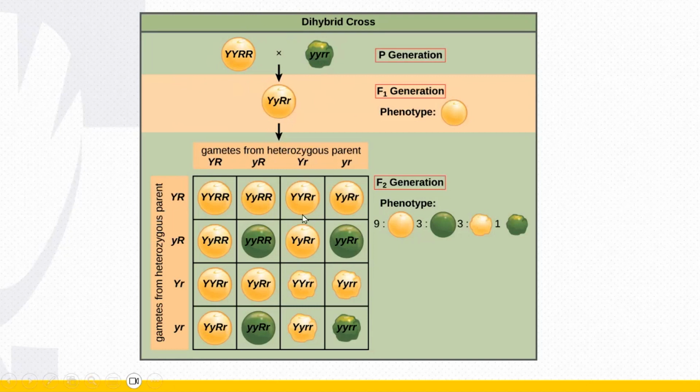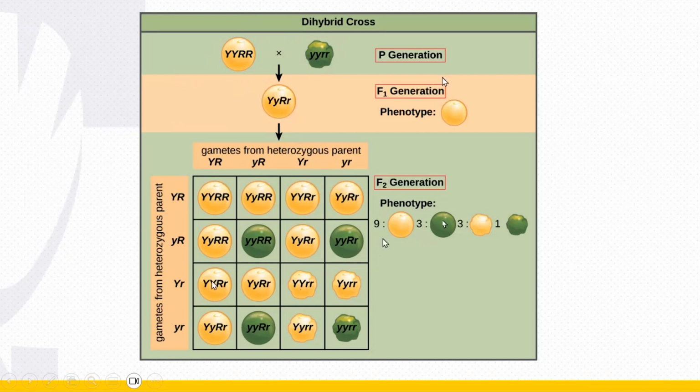And so ultimately, this comes out that we have at least 9 round yellow peas. 1, 2, 3, 4, 5, 6, 7, 8, 9. 9 at least are expressing this yellow round phenotype. Now the genotype is not homozygous dominant except for this one.